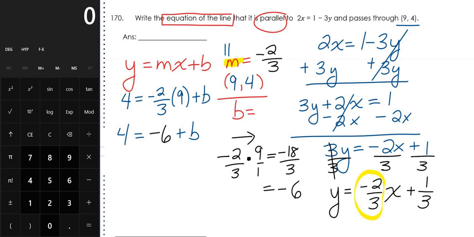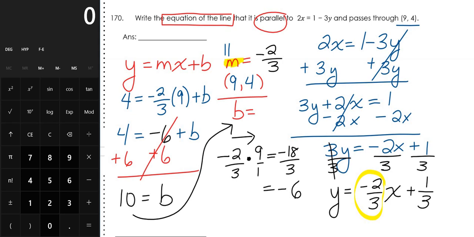Next, we're going to add 6 to both sides to get the b by itself. 4 plus 6 is 10, and that's your b value. Once your entire graphic organizer is filled in, you are ready to state the final answer. y equals negative 2 over 3 x plus 10.